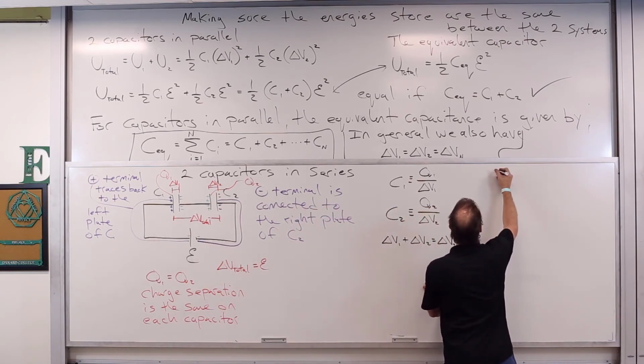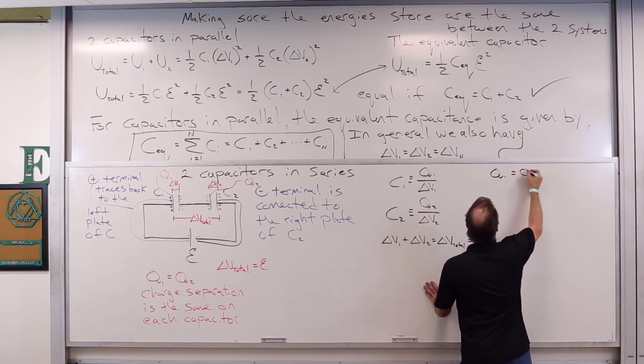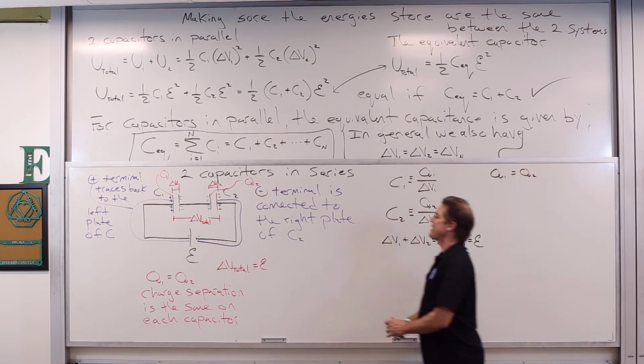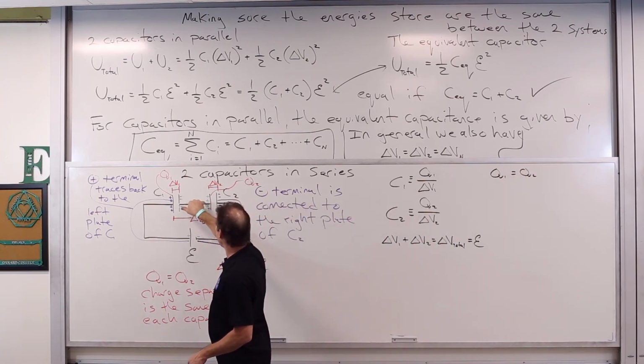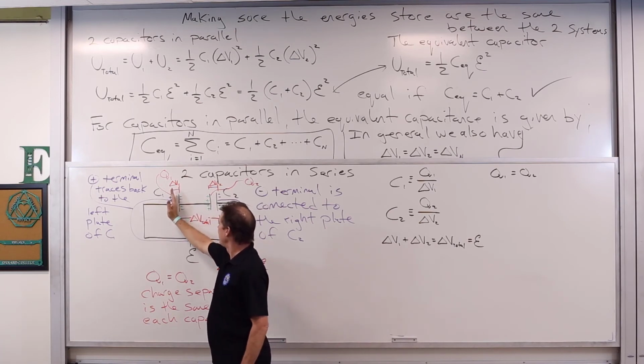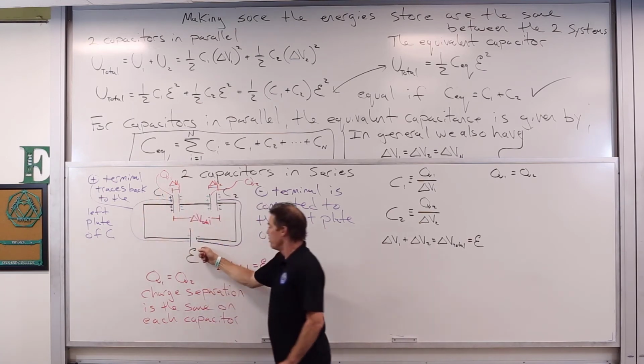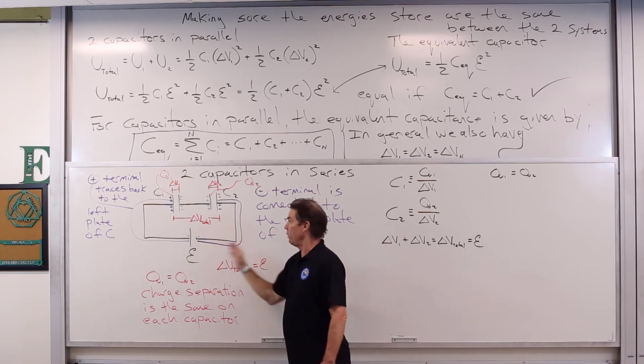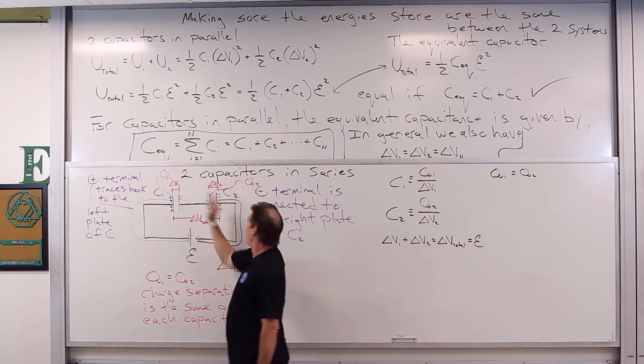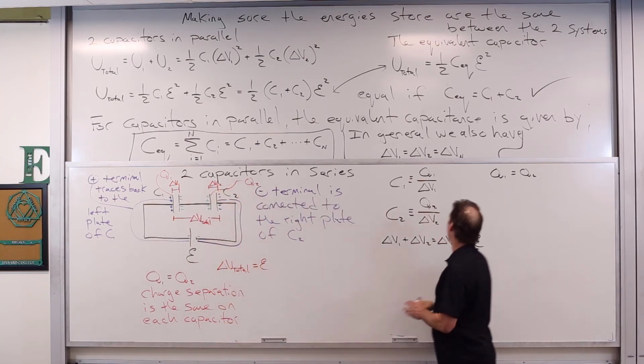So Q1 is equal to Q2. Again, this interior is just a polarization shift, isn't really taking charges off the plates due to this source potential and putting it over on this plate, truly separating it out.